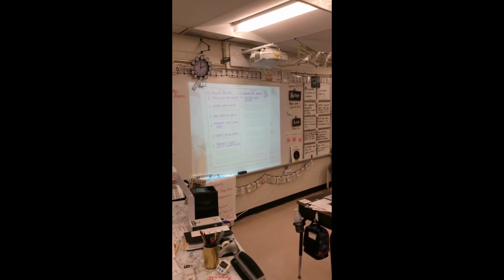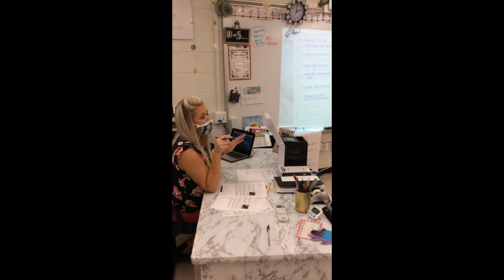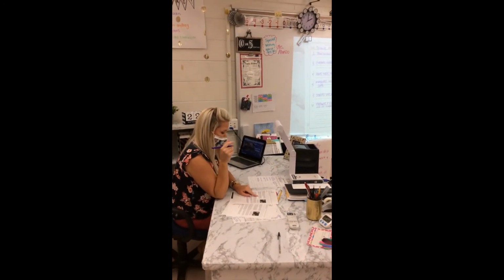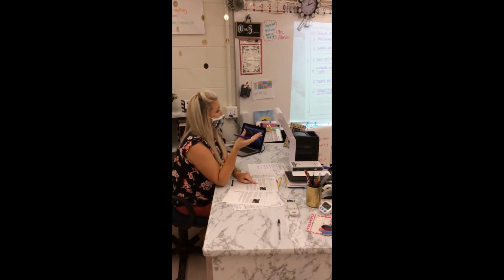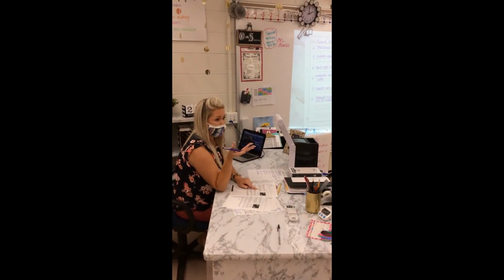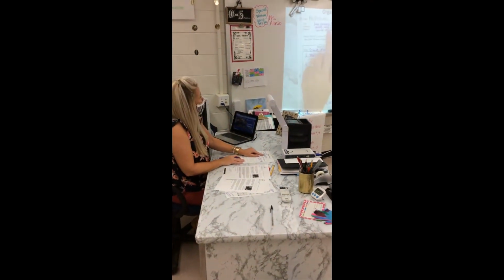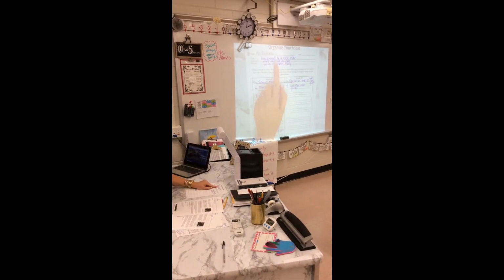Okay. So if we're thinking about our task, which is to write about how animals help each other, does that sentence explain how they help each other? So when you want to think about the evidence that you're pulling, you really want to go back to your task, which is why I had you rewrite it up here. Because we always want to remember what we're being asked to do.